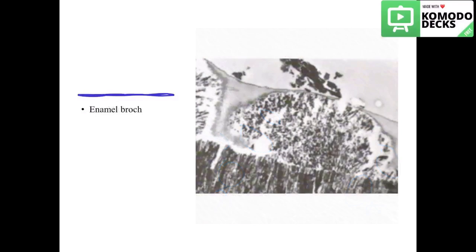When this enamel above the debris is lost, we end up with what are called focal holes on the surface of enamel. Another phenomenon that can be seen on the surface of enamel is enamel brochs, which are an extension of some enamel crystals above the surface of enamel.